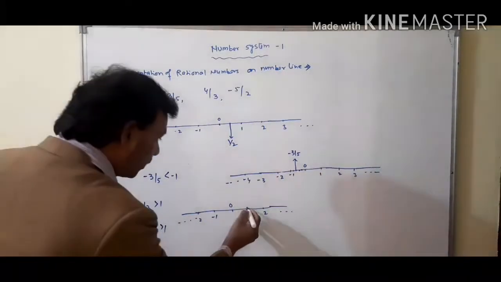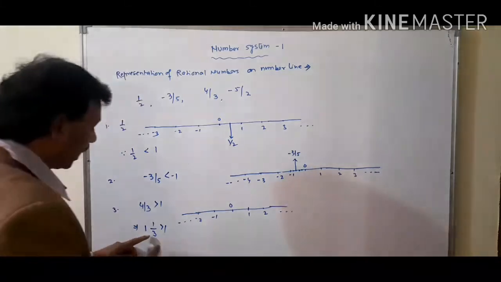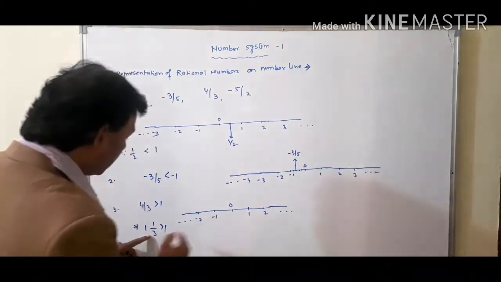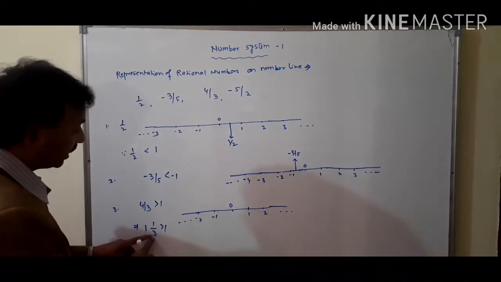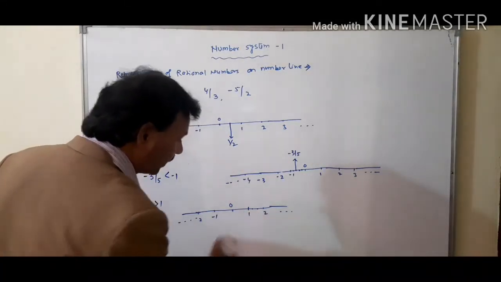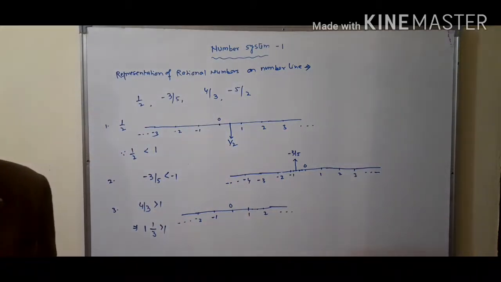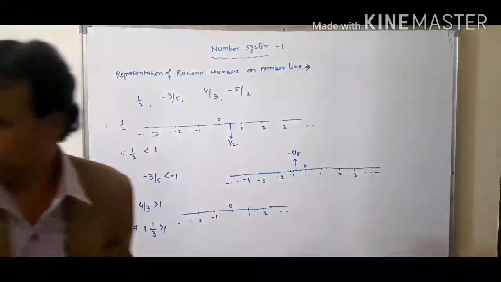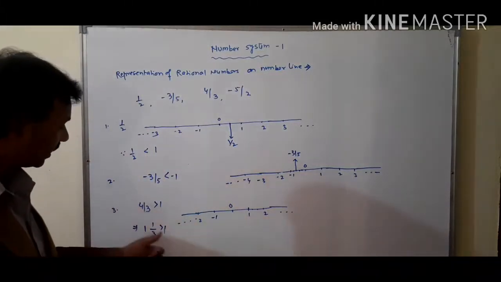So this is the 1, and the distance between 1 and 2 is divided into 3 equal parts, equal to the denominator. That means 1, 2 and 3.